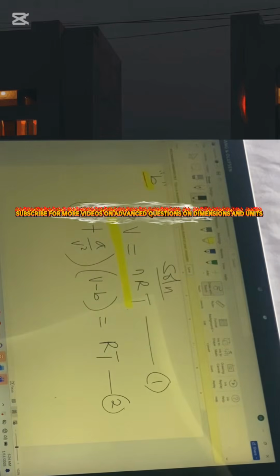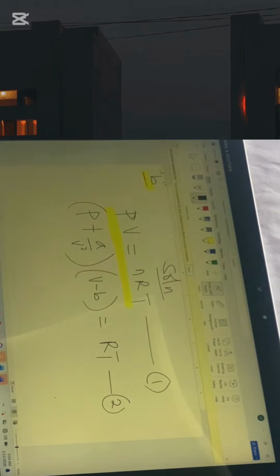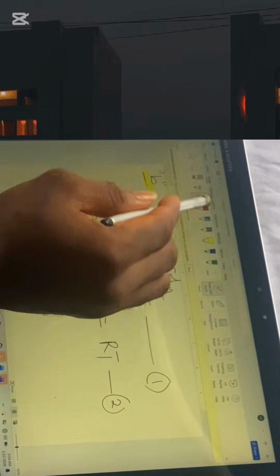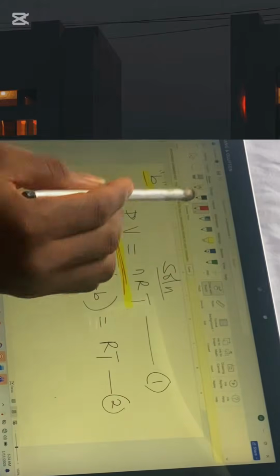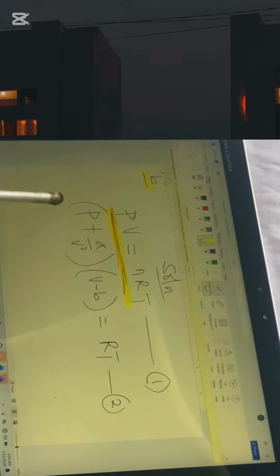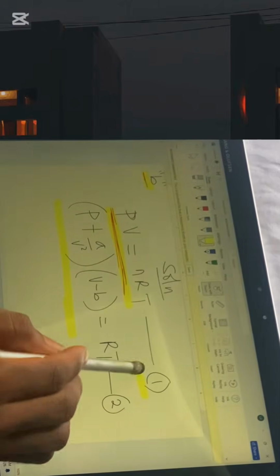The reason for equation 1 and equation 2 is to be specific, okay? So this is our standard. This one here is the standard equation of the ideal gas law, while this one here is the given one, okay? If you look into equation 1 and equation 2, they are alike. They are the same, okay? So what am I going to do here? I'll compare equation 1 and equation 2.